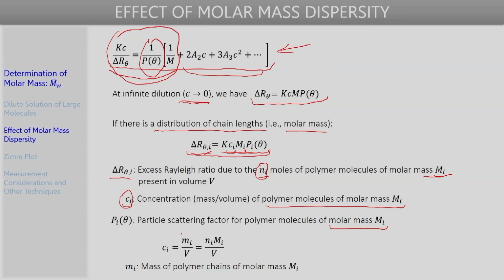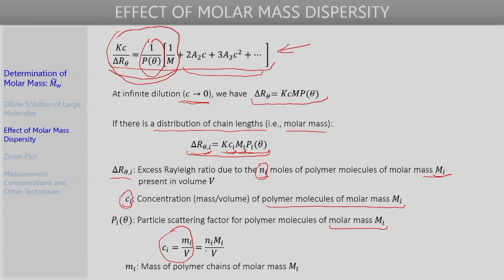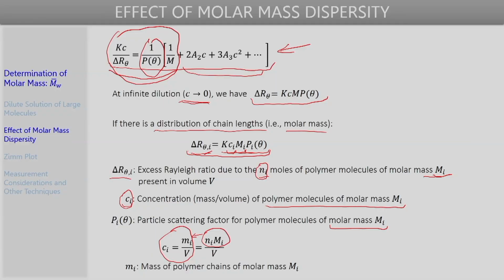Now this total mass of the polymer molecules of a certain chain length and having molar mass Mi will be given by the number of moles of such molecules multiplied by the corresponding molar mass, that is Ni times Mi. So this Ni times Mi will give the mass of this particular collection of polymer molecules, and hence Ci we can write as Ni Mi by V.